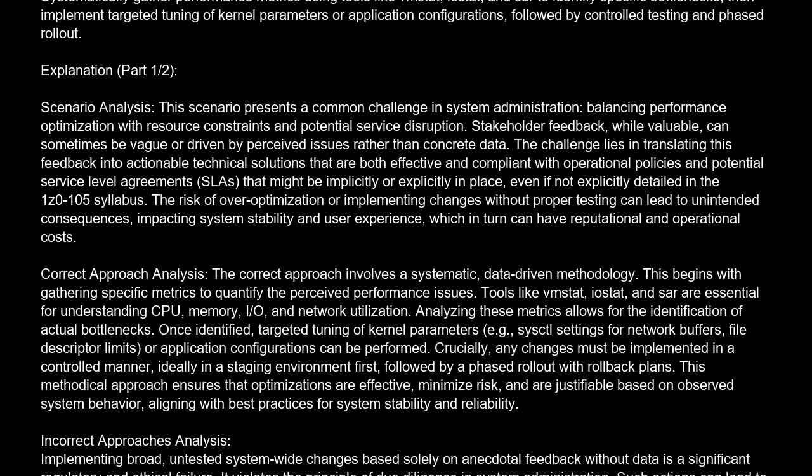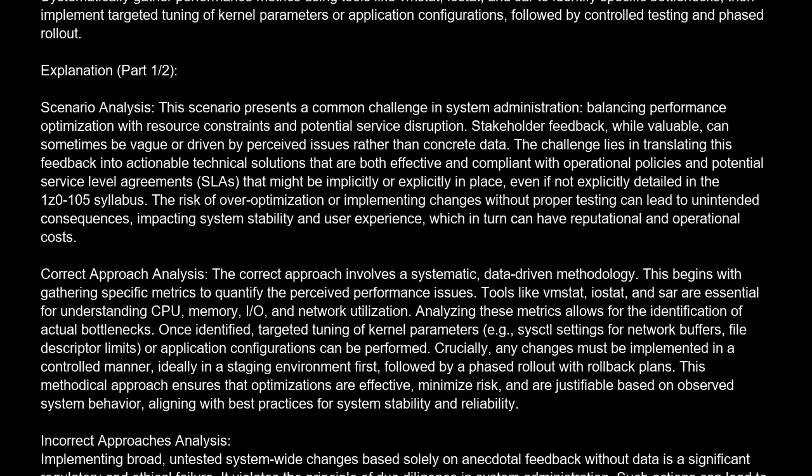Correct approach analysis. The correct approach involves a systematic, data-driven methodology. This begins with gathering specific metrics to quantify the perceived performance issues. Tools like vmstat, iostat, and sar are essential for understanding CPU, memory, I/O, and network utilization. Analyzing these metrics allows for the identification of actual bottlenecks.